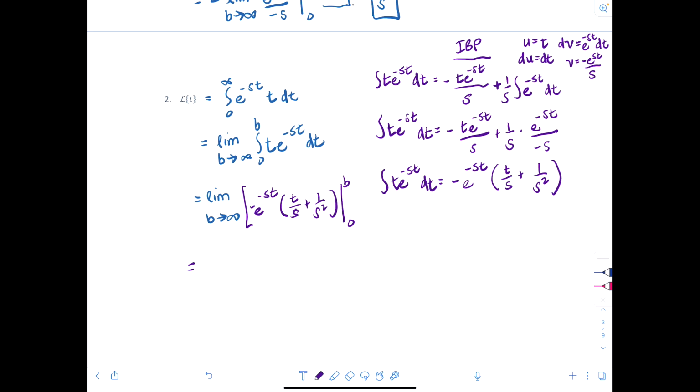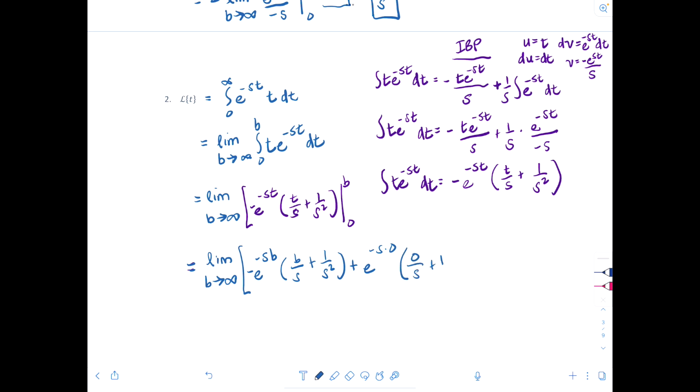So we will get the limit as b approaches infinity of negative e to the negative sb times b over s plus 1 over s squared, and then minus is plus, and we'll get e to the negative s times 0 times 0 over s plus 1 over s squared.